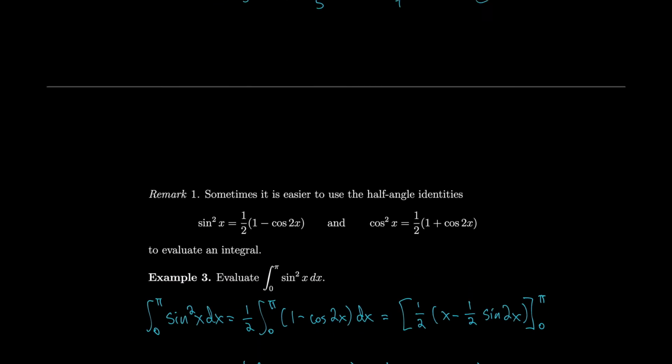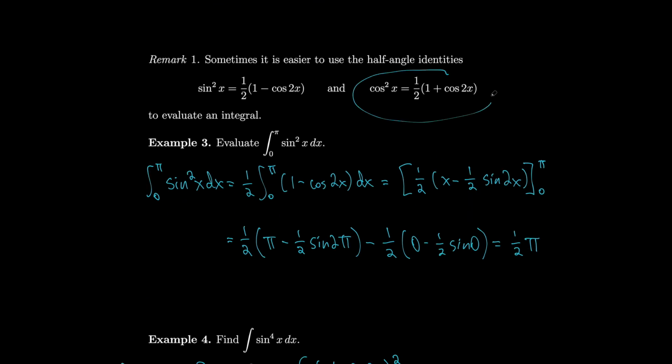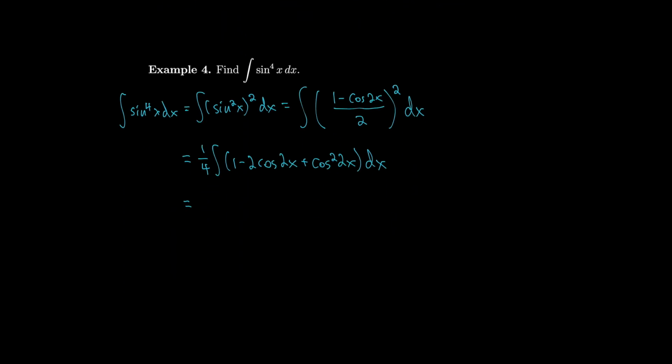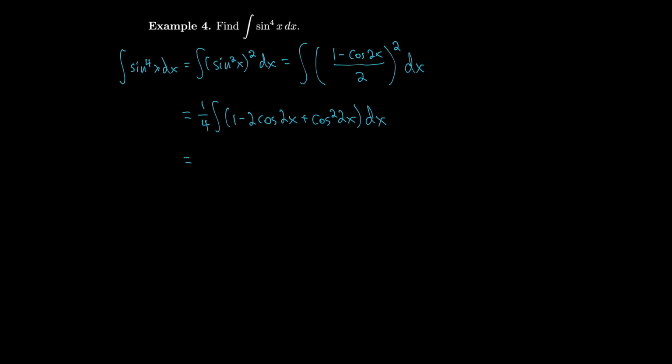So we go back up. Cosine squared was half of 1 plus cosine 2x. So let's go and use that one. So we get 1/4 of the integral of 1 minus 2 cosine 2x plus half (1 plus cosine 4x) dx.